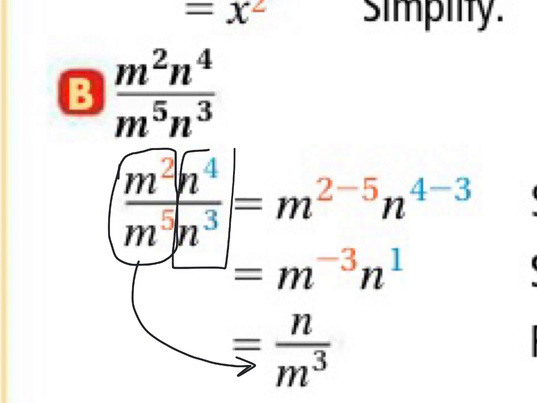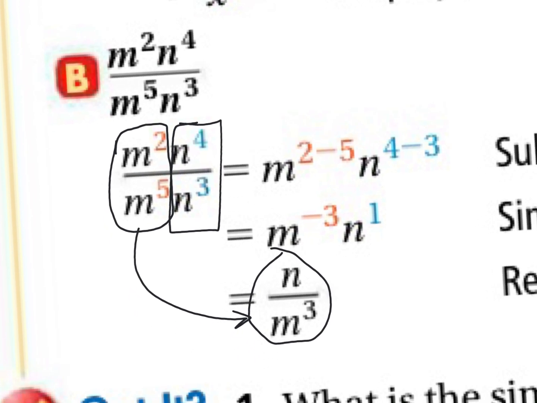With the n's, I have more n's, factors of n in the numerator. And how many more? 1. Or you can subtract 4 minus 3 as 1. Okay, but to me, when you're working these out, it's just easier to look at where do I have more, and then you don't have to even worry about ever getting a negative exponent unless there's 1 to begin with in the problem.